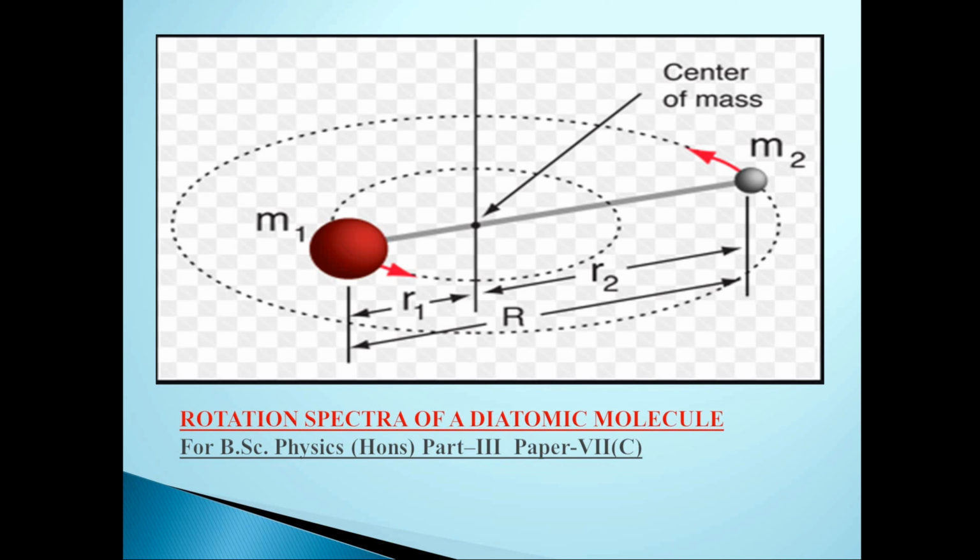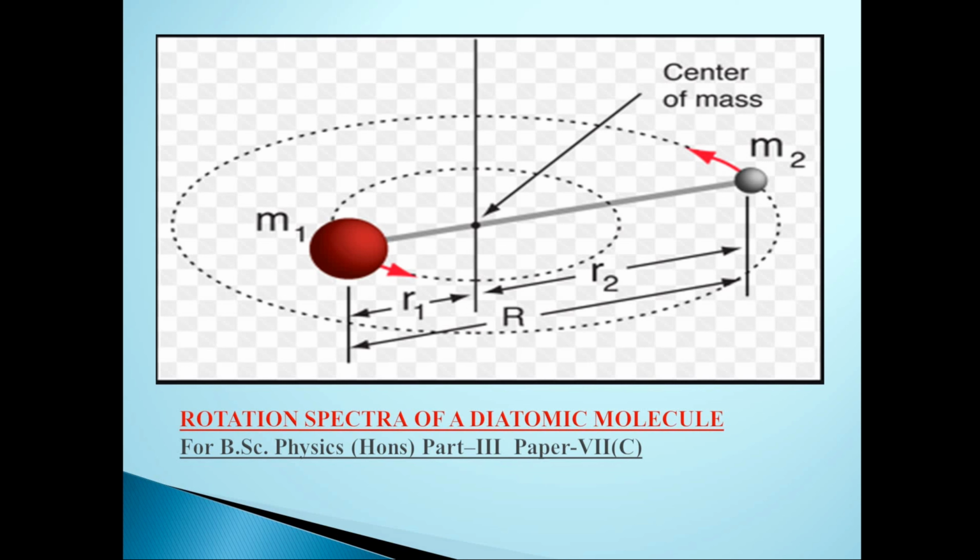This is a linear molecule in which this M1 is at a distance of R1 from the center of mass of this combined system of M1 and M2, and M2 is another mass of the molecule that is at a distance of R2 from this center of mass.